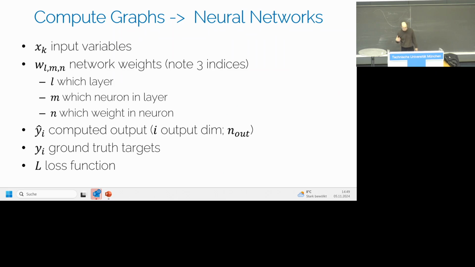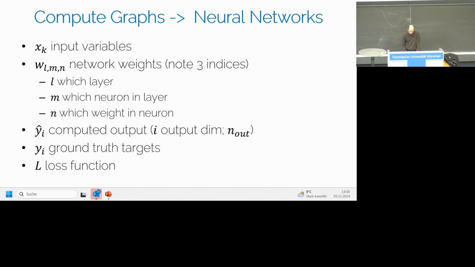So we can now apply the same idea of backpropagation learning to train a neural network. And the neural network has a number of unknowns. L is the number of layers, M is the number of neurons in each layer, and N here is the number of inputs to each neuron.